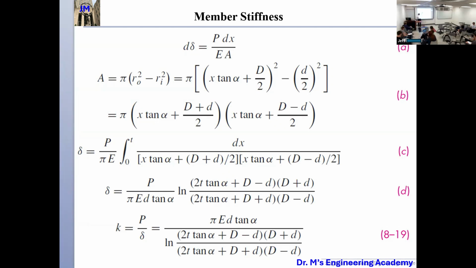P and delta. Suppose we have a P here. Sigma equals P divided by A, and A is the cross-section area.